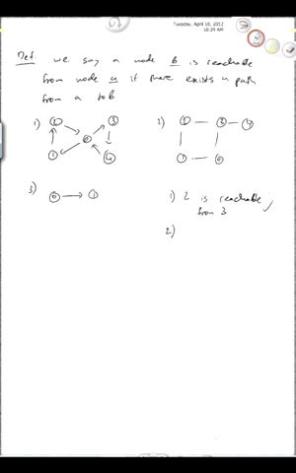Let's take a look at graph 3 here. So here 1 is reachable from 0, but 0 is not reachable from 1. So to reach 1 from 0, I could just take the edge.